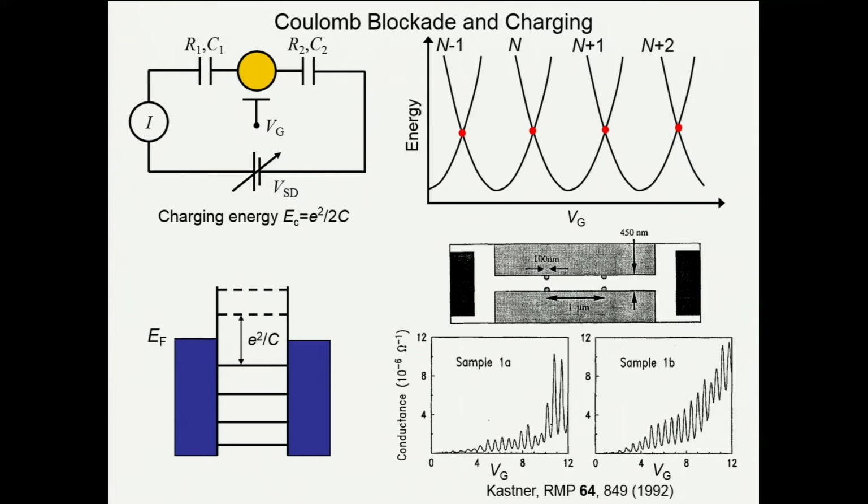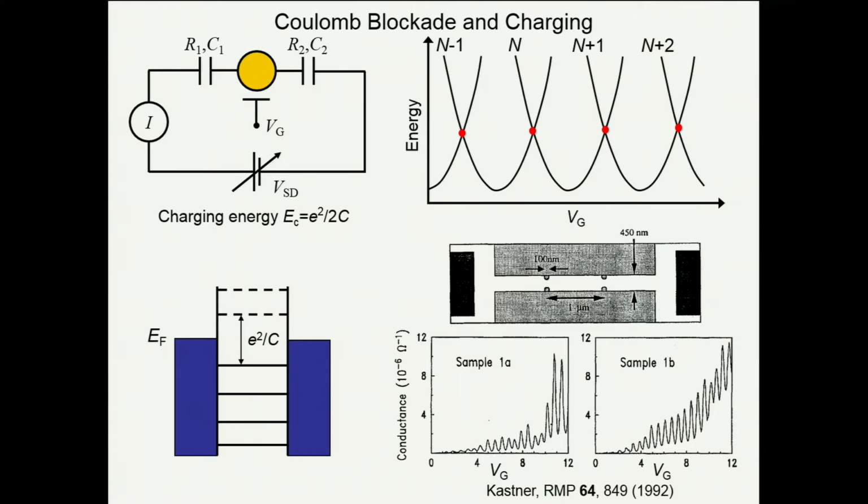So now you calculate that charging energy for a typical dot size, and you can have charging energies, experimental measurements, that are on the order of 5 or 10 millielectron volts. And if we're at 8 millikelvin, the thermal energy is much, much less than a few millielectron volts. And so basically the charge number on this dot is frozen. It's quantized, and you can't change it unless you pay this energy cost, this charging energy.